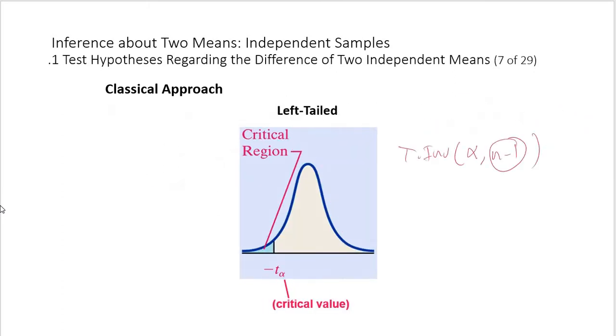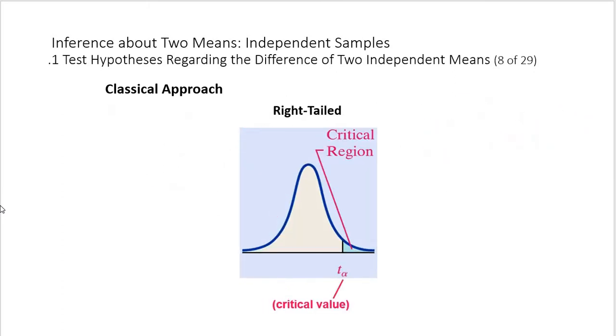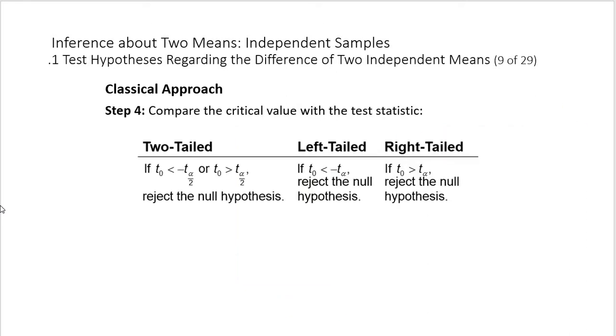If you have a right-tail test, then the t-critical is going to be T.INV of 1 minus alpha, comma, n minus 1. N minus 1 is the smallest of degrees of freedom for the two populations or the two samples.